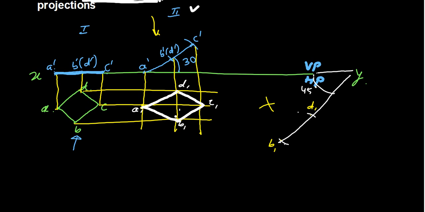Okay, and similarly you make the same distance, and now the same shape will be obtained at an angle of 45 degree. So now you can say that the BD is at an angle of 45 degree. Okay, so this is A1, B1 and C1, D1. Okay, so this angle is 45 degree.